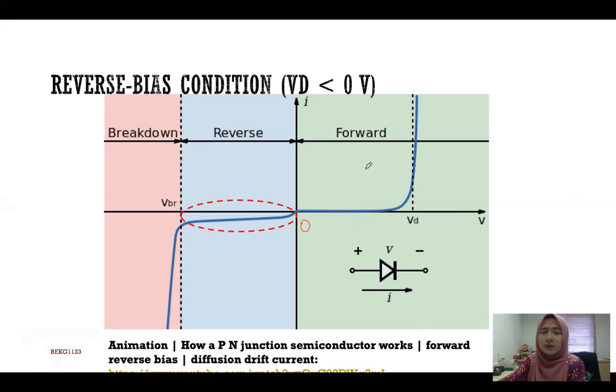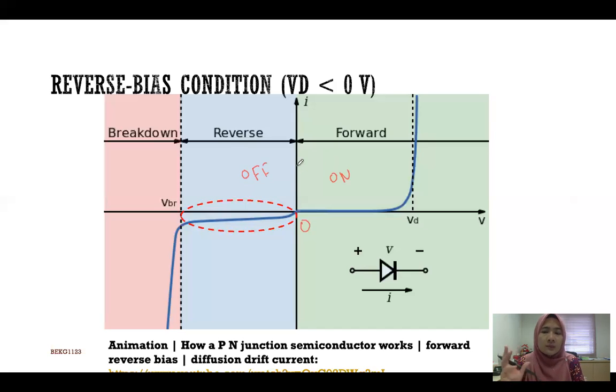The forward bias condition we call the on condition. This is the off condition. Why is it the off condition? Because it blocks the current. The current in the reverse bias condition is very, very small, and we approximate it as 0.